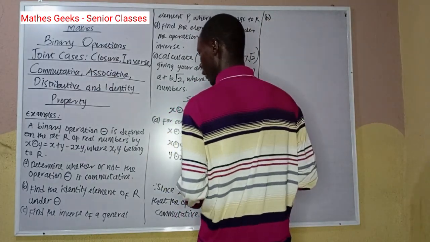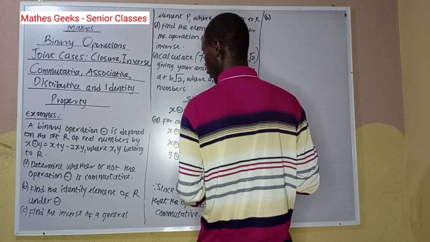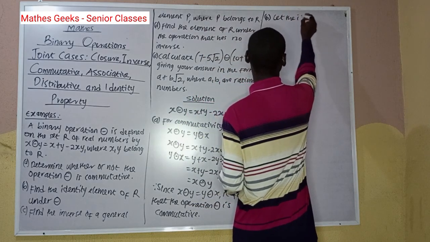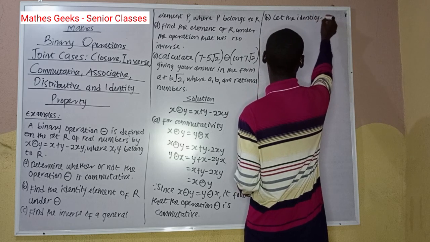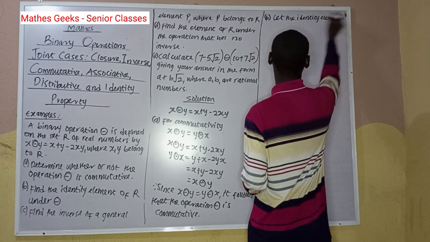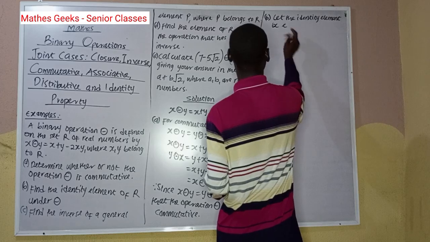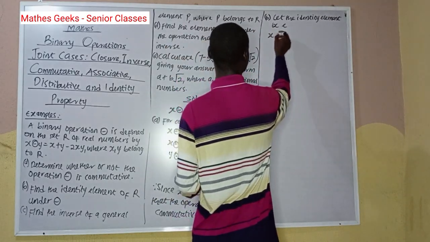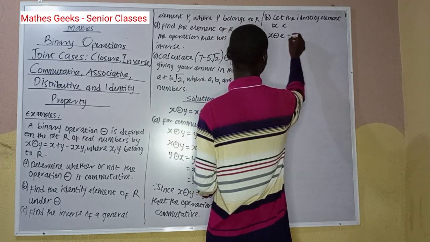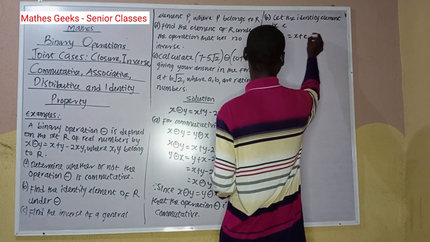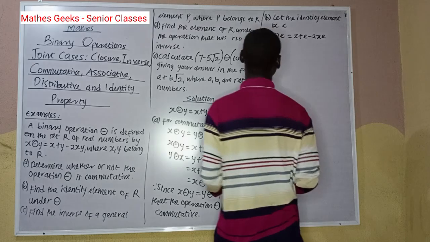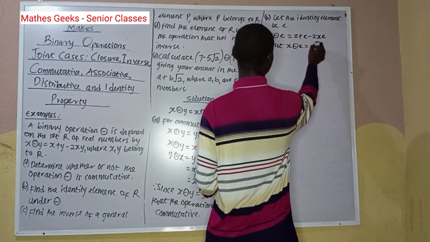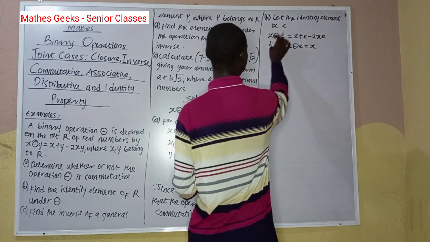B, find the identity element of R under the operation. So let the identity element be E. That will give us x * E = x + E − 2xE. But x * E is equal to x, so we put this in place of it here.